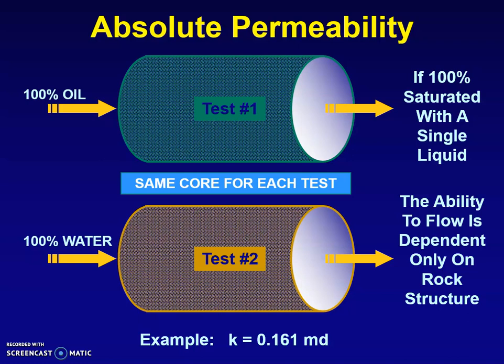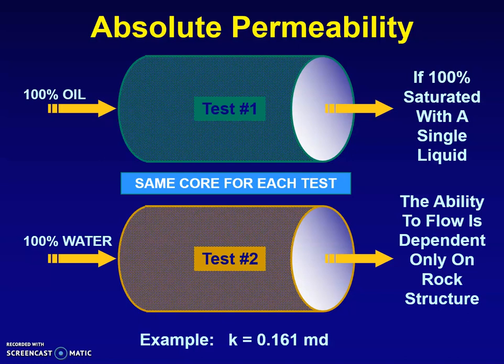So what you do is first you saturate your core 100% with, let's say, water, usually a single liquid, and then you inject that liquid into the core sample with those conditions of 1 atmosphere pressure gradient, whatever number you use for Darcy's equation.